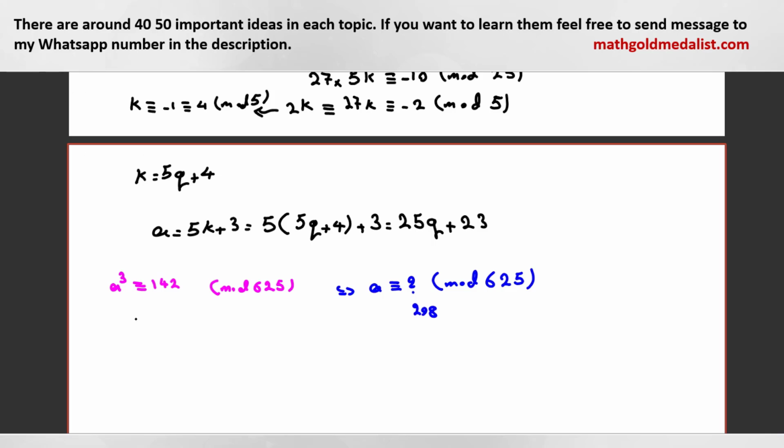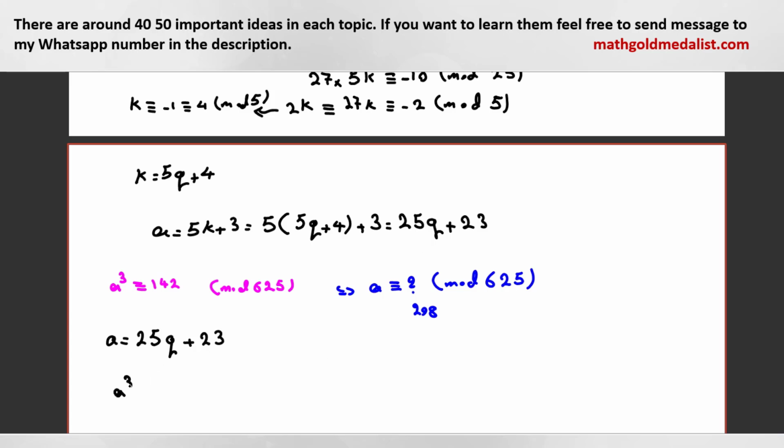So I did 25Q plus 23. Let me tell you, because we've used Q and K, let's, for example, use another one. 25, for example, W plus 23, right? Because we said a here, you can use. But if, for example, you want to use it for b or some other things, it's better not to use the same variables, okay?